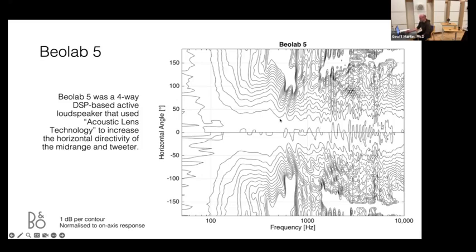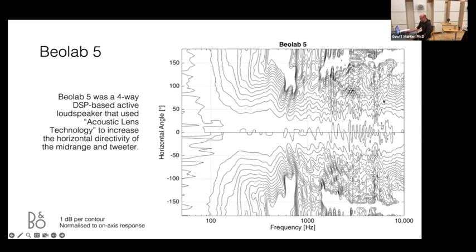The whole idea behind Beolab 5 at the time was to make as constant a directivity as possible. And what that means, at least here where we live, is that the directivity of the speaker is frequency independent. So our real goal with this loudspeaker is to make these lines as parallel as possible.